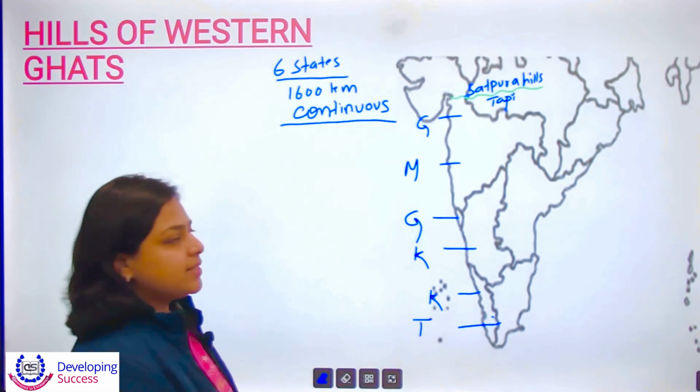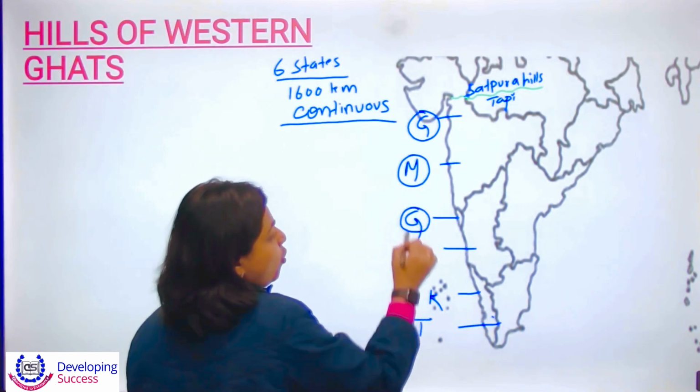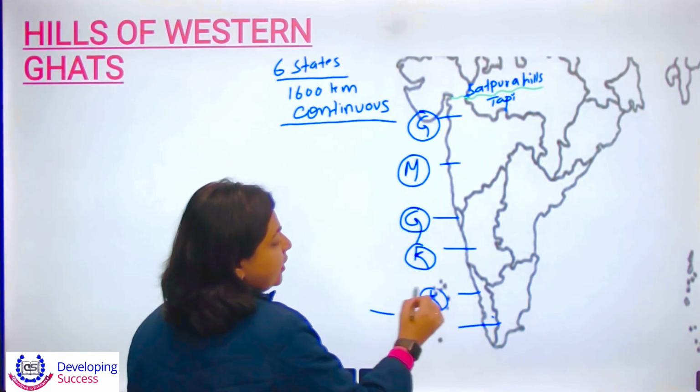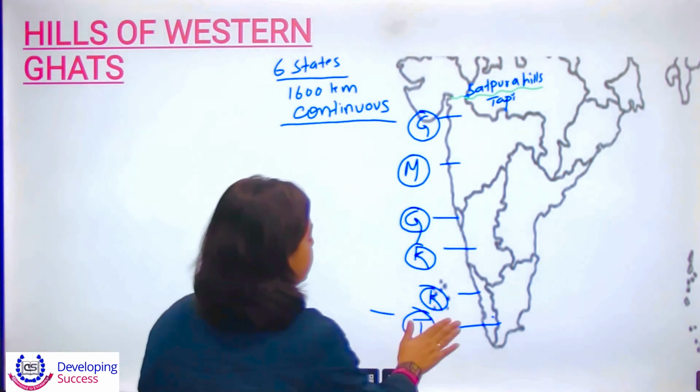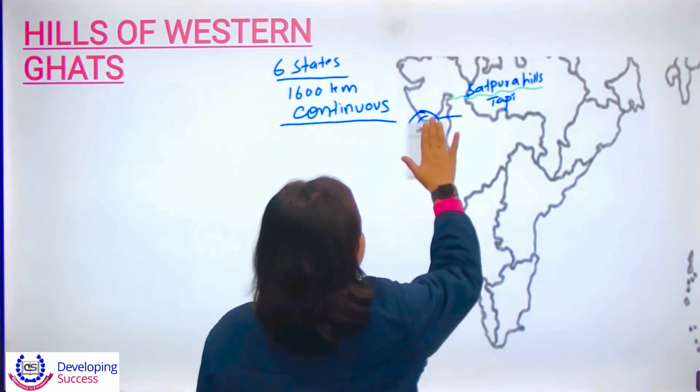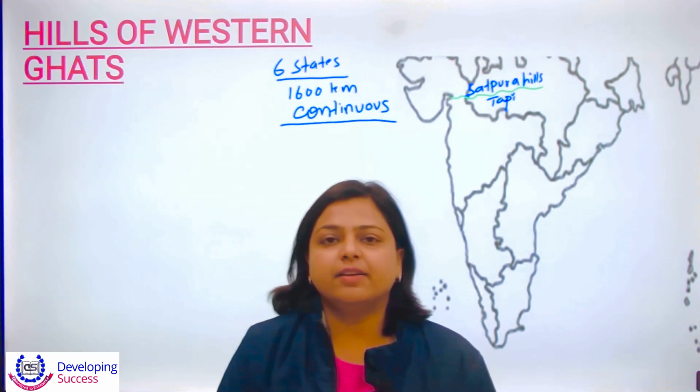So that makes it 6 states: Gujarat, Maharashtra, Goa, Karnataka, Kerala, and Tamil Nadu. This was asked in many competitive exams, how many states are there in the Western Ghats.